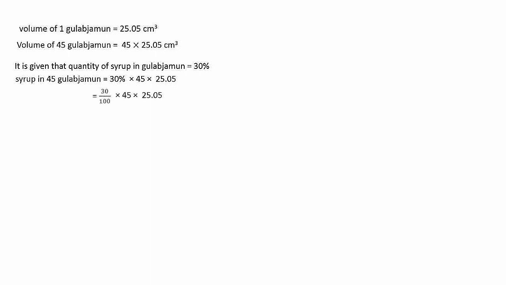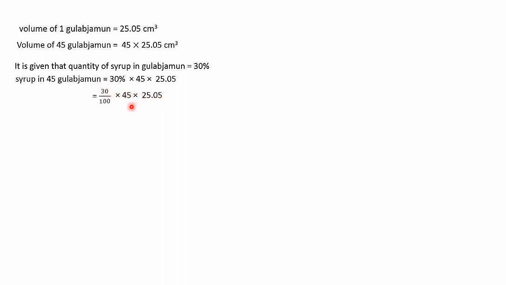That is equal to, 30% means 30 divided by 100. Just division by 100. That is what the percentage symbol means. 30 by 100 into 45 into 25.05. Here it is division by 100 only, so it is quite simple. Just multiply the numerators, 30 into 45 into 25.05. Peacefully you have to multiply it.